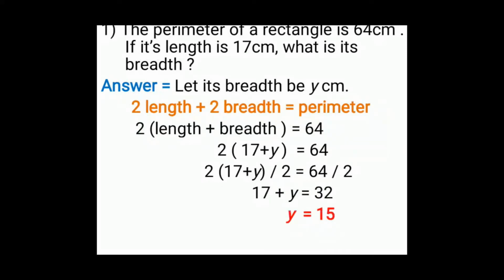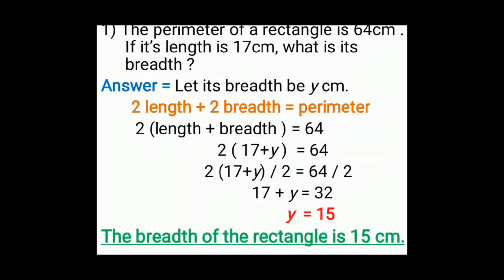We have to find the value of y only, so subtract 17 from both sides. The 17 will be cancelled, and 32 minus 17 is 15 centimeter. If they mention centimeter, we have to mention it in centimeter. The concluding statement will be: the breadth of the rectangle is 15 centimeter.